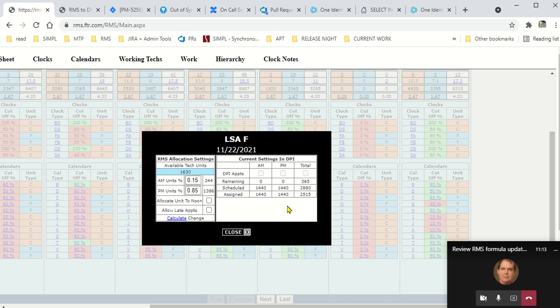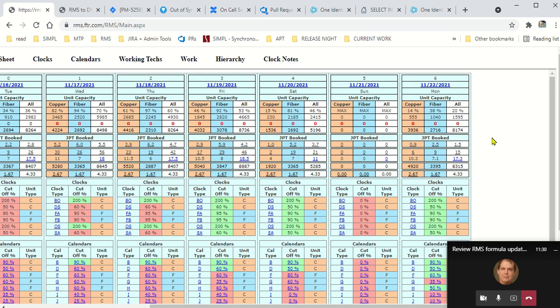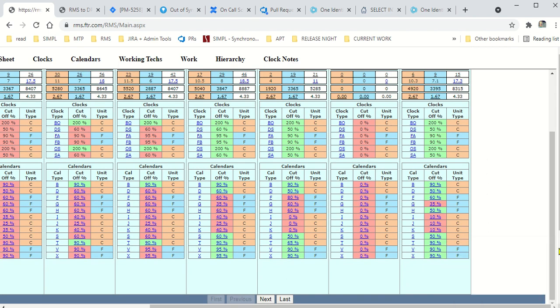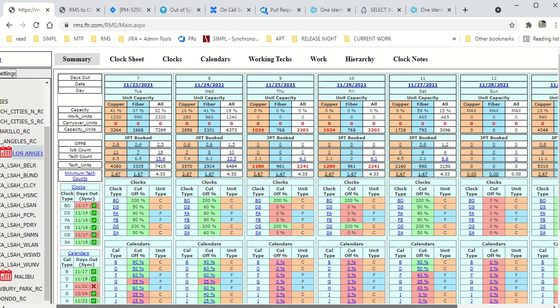Okay. So then, if I look at the jobs that exist for this under F, then come up here. Okay, so then if we're on the 23rd.